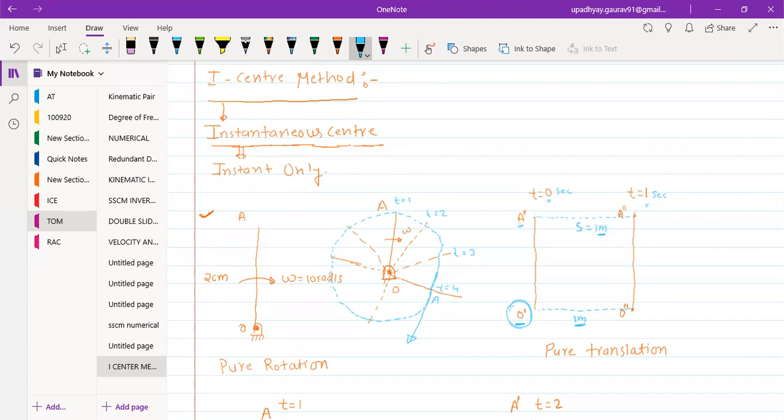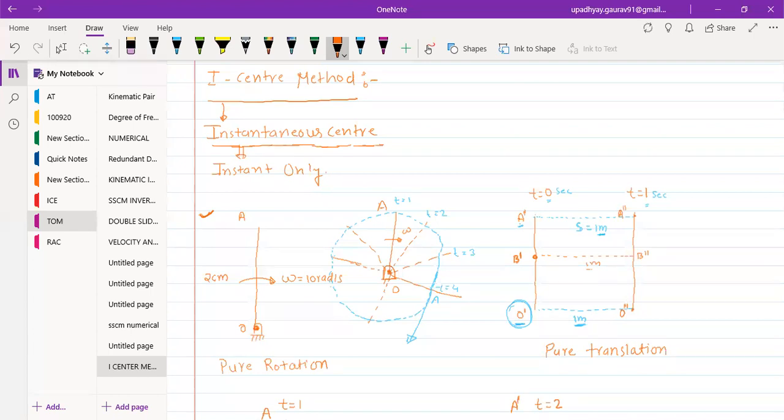Yes, sir. Now let me know how much distance B dash has moved. Again you will say, sir, it is also going to move through 1 meter only, yes or not?